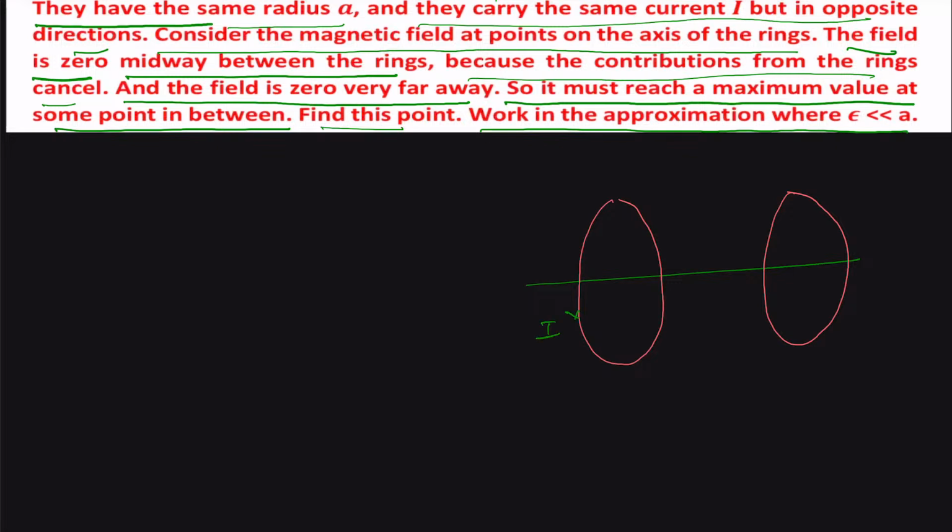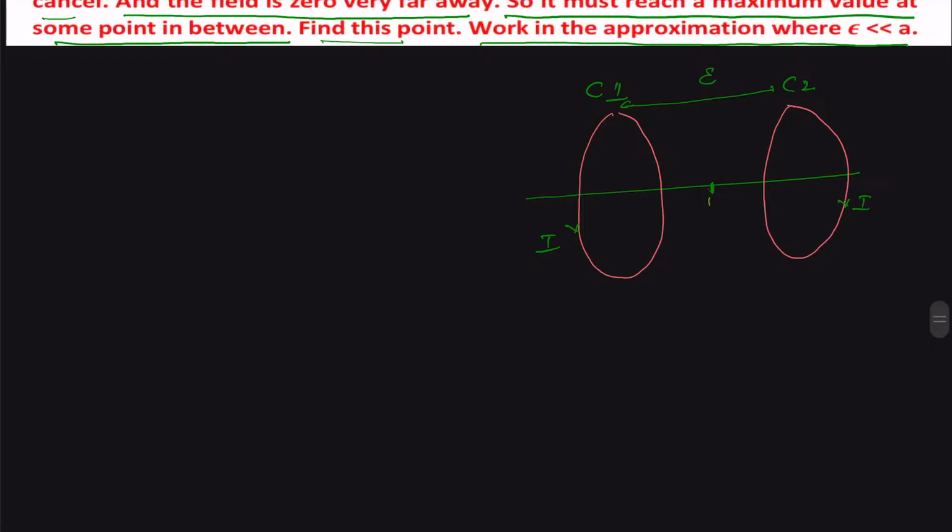So this is current I and this is current I, and this is our coil 1 and let us suppose this is coil 2, and distance between them is given as our epsilon. Okay. And suppose somewhere here it is center, which is having a zero magnetic field. Okay.